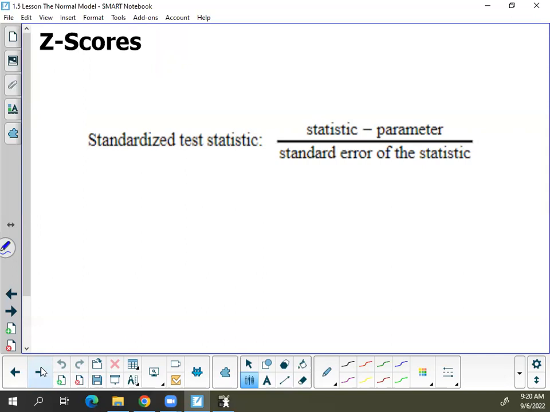And a z-score is really just a way to measure how many standard deviations we are away from the mean. I'm going to say SD. So sometimes we'll want to compare data sets that are not directly comparable.